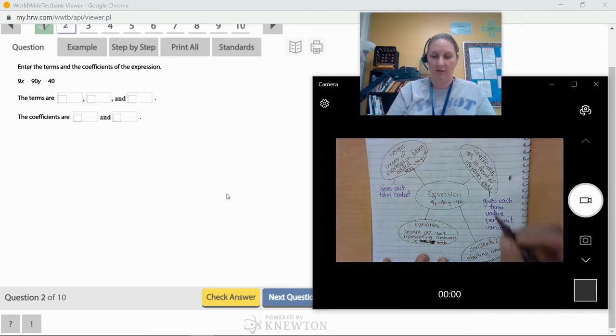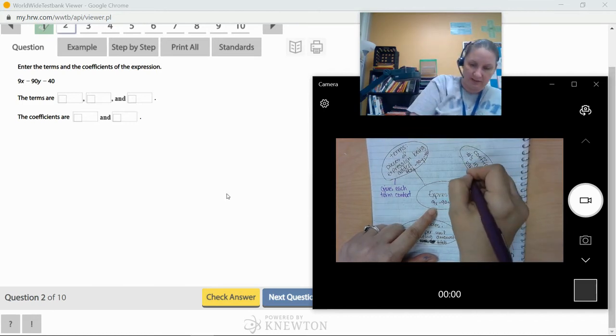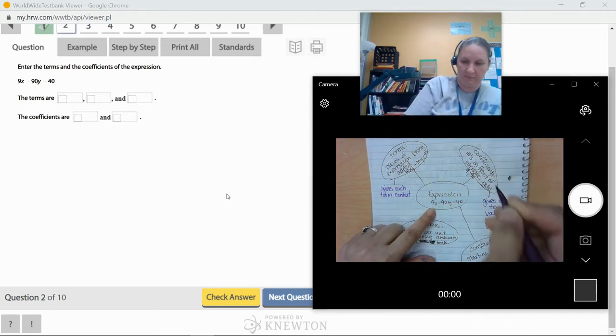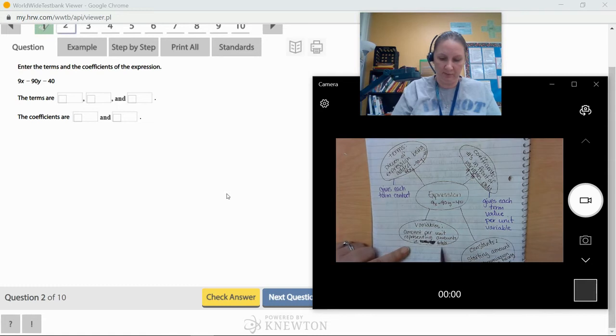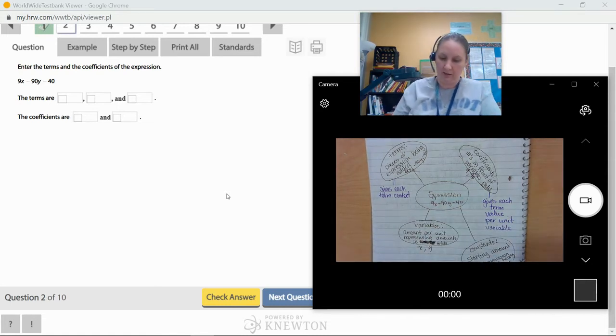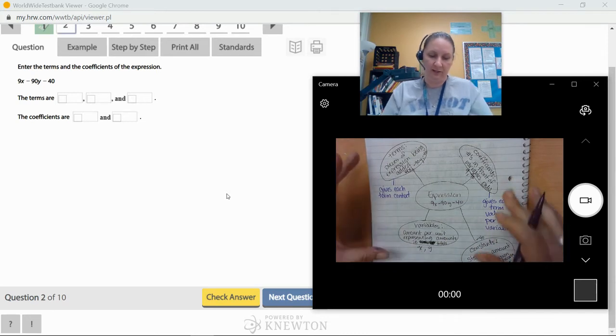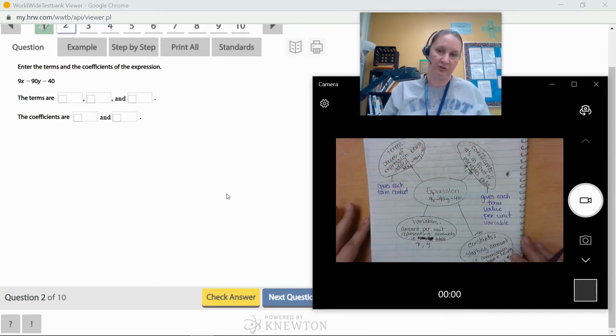That's easy. What are the coefficients? Now we look at the numbers in front of the variables. So that's 9 and negative 90. Then we look for the variables. What variables do we have? We have an x and a y. And what constants do we have? These are the numbers that don't have a variable, which is going to be negative 40. So that gives you a way to organize your thoughts.